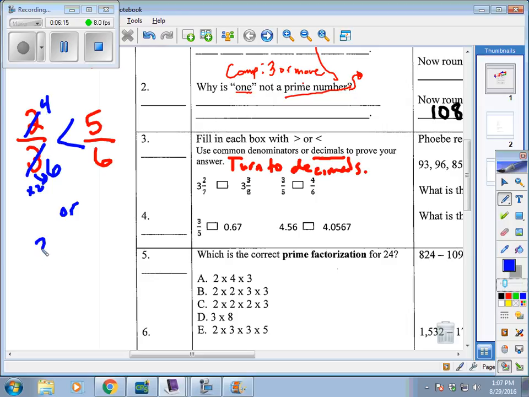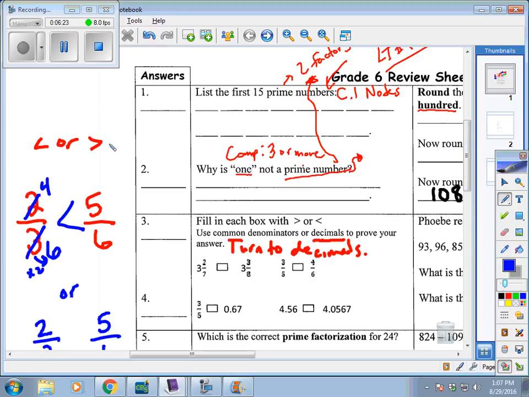Now the other way, the turn-to-decimals method. Here we go. How you're going to do that is you have to understand, and you're going to hear me say this a lot, all fractions are division problems. You're going to hear me say this all year long.